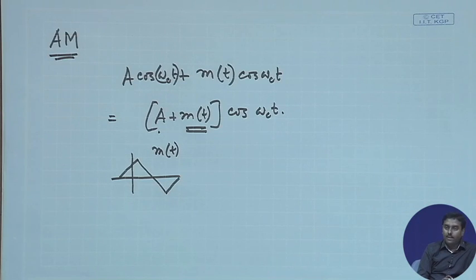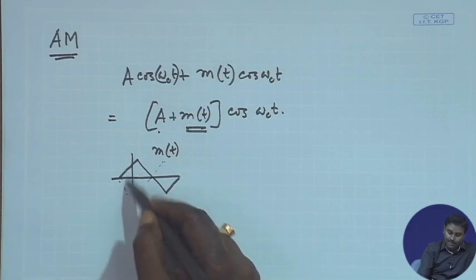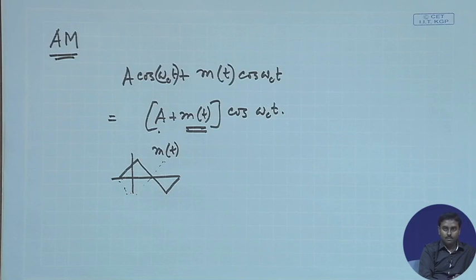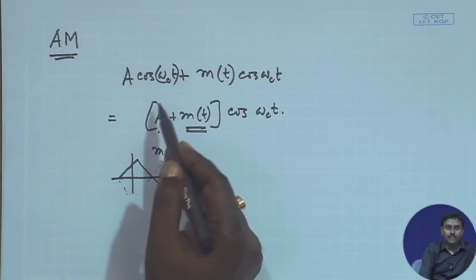Now, if I directly do modulation the way I was doing DSB SC, what will happen? This will create envelope, and then there will be a carrier, okay, and every 0 crossing there will be 180 phase shift. This is something we have seen. Now what we are doing, this mt we are adding a DC to it.